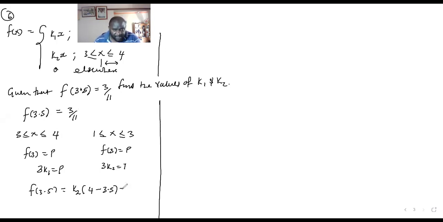So this will give us K times 0.5, which is K2 times 0.5. But the whole of this was given as 3 out of 11. From this, you can get K2 is equal to 3 out of 11 times 2, so K2 is 6 out of 11.